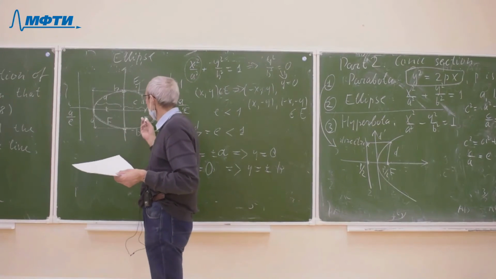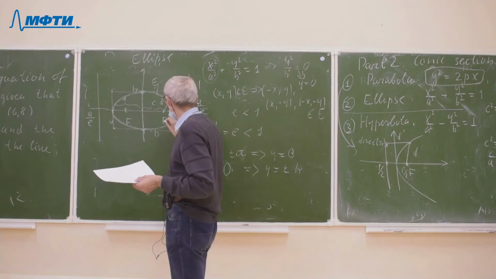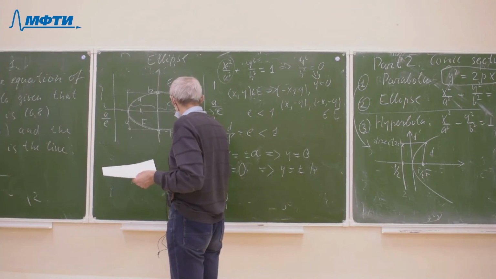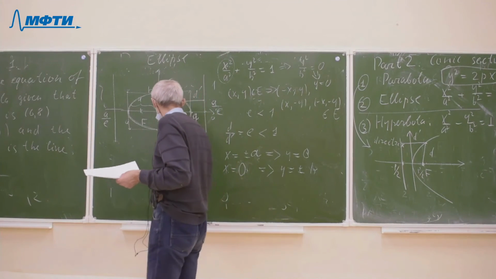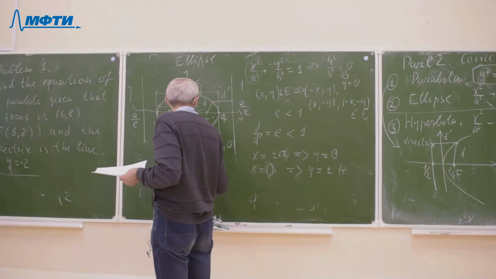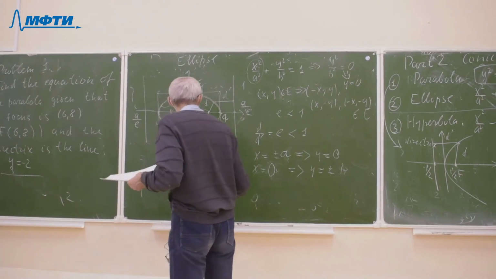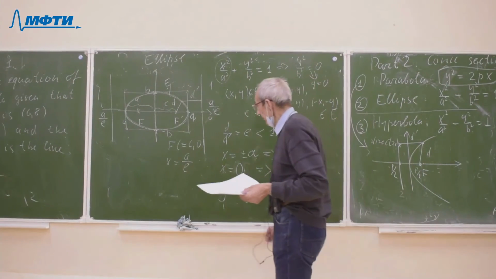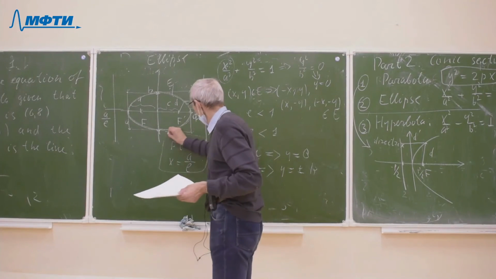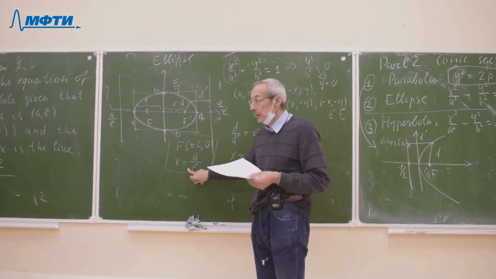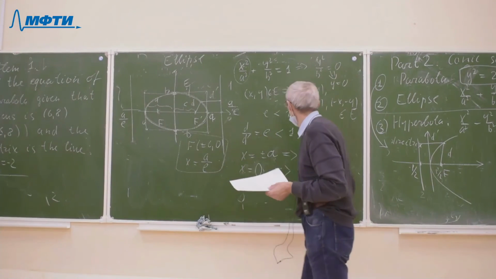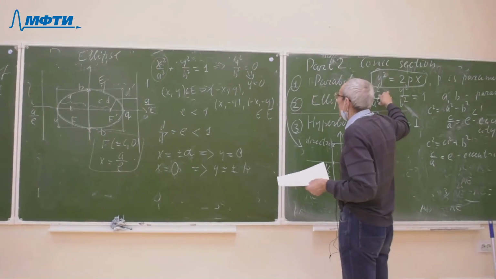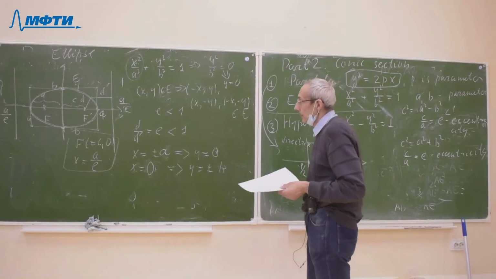In this canonical coordinate system, we have the coordinates of the focus plus or minus C, 0, and the directrix has the equation x equal to the ratio A. Only in such a canonical coordinate system does the equation of the parabola have the same canonical form.